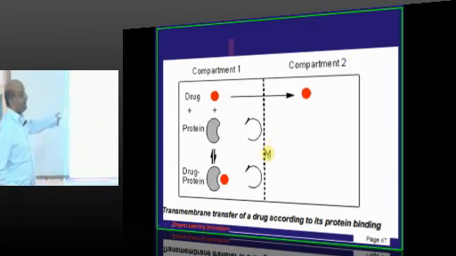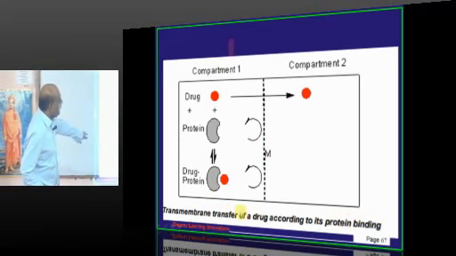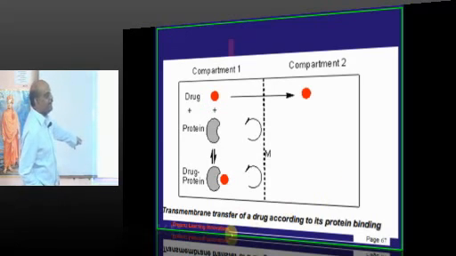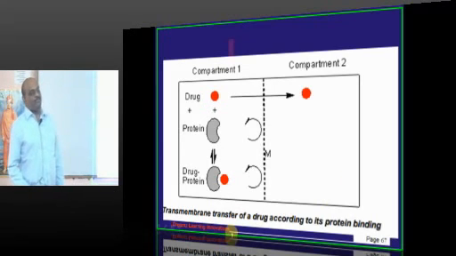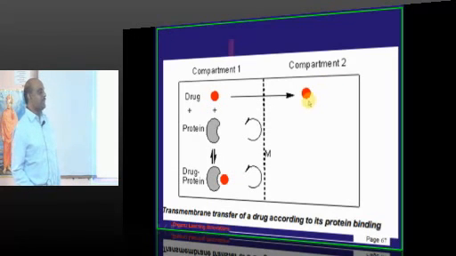So, drugs also are like that. Suppose if it is a protein bound drug, when the other compartment says let us date, what will it tell? No, I already have a boyfriend, I can't come with you. But if it is a drug unbound to protein, no boyfriend, no girlfriend, any day available for any dating. So that is what happens for the drugs also.